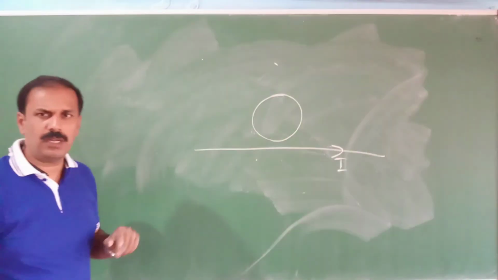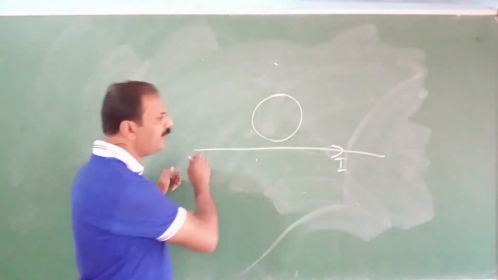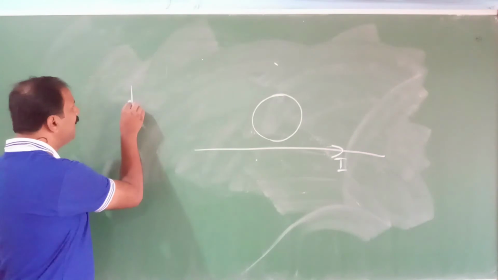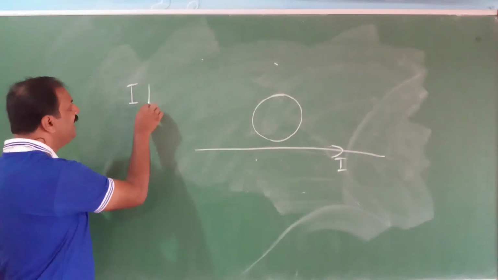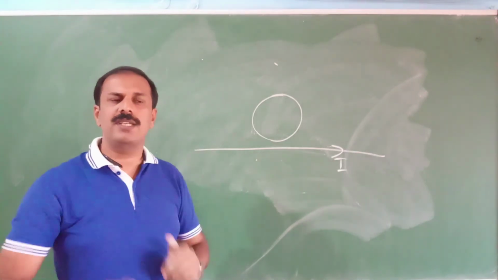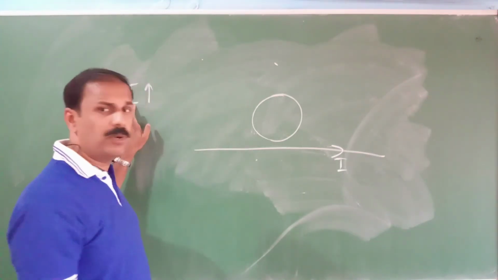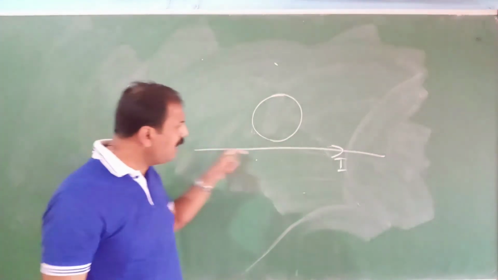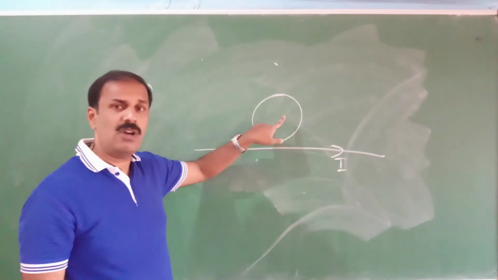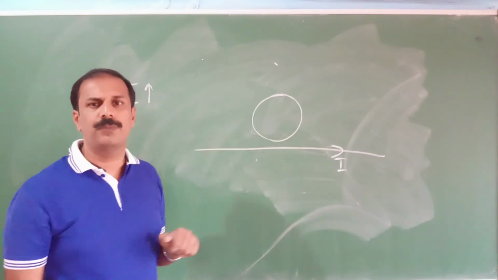This is a confusing question. We have a current in this direction. And our question says that the current is increasing. It can be increasing or decreasing. First, for an easy concept, I am taking the current increasing. If the current through this wire is increasing, what is the direction of induced EMF in this loop?